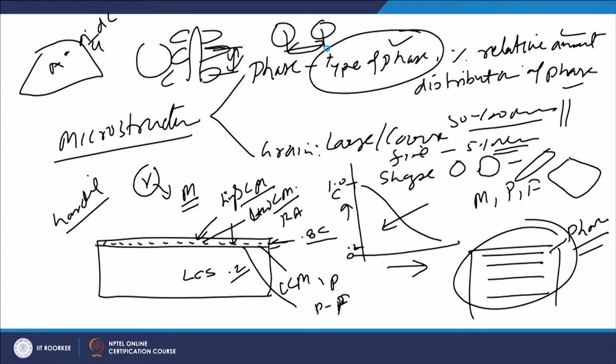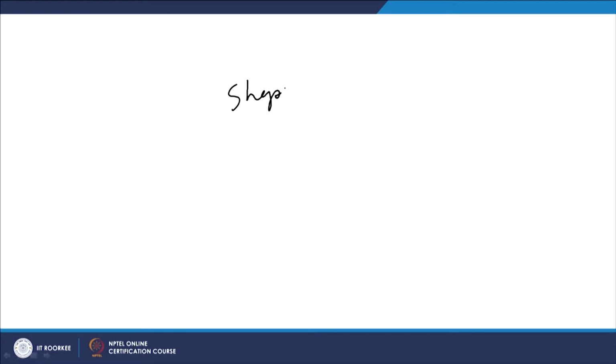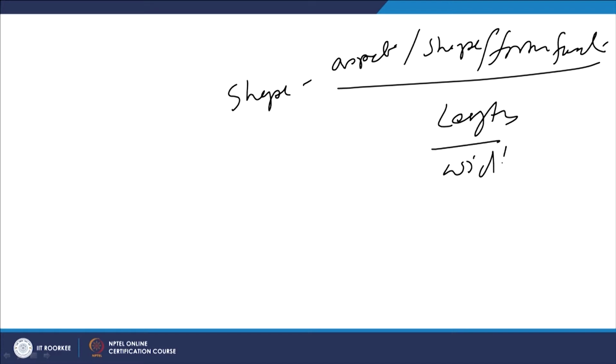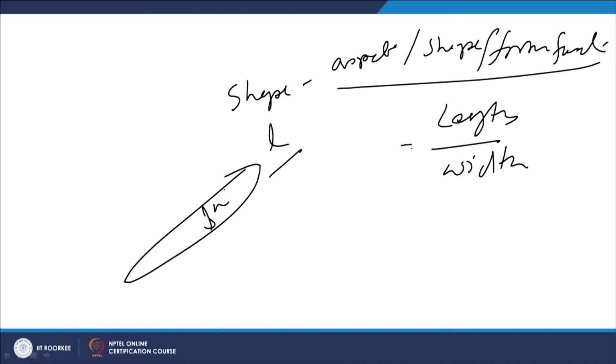Similarly, for quantifying the shape of the grain, various parameters like aspect ratio or the shape factor or form factor, all these are obtained through the length to the width ratio of a given microconstituent. Needle shape microconstituents will be offering much greater length and very smaller width.